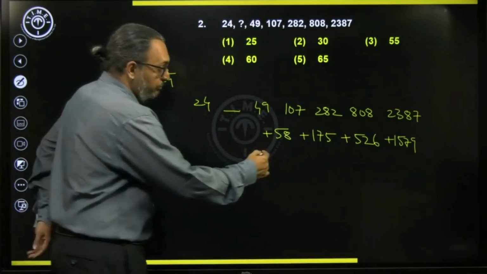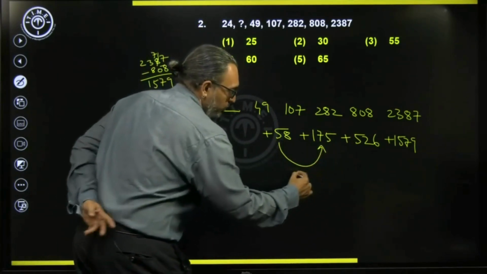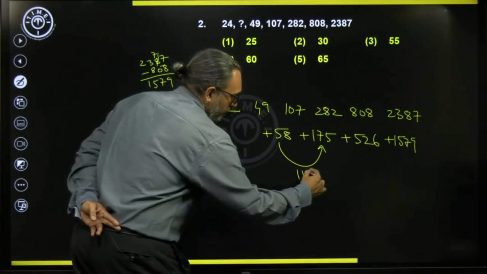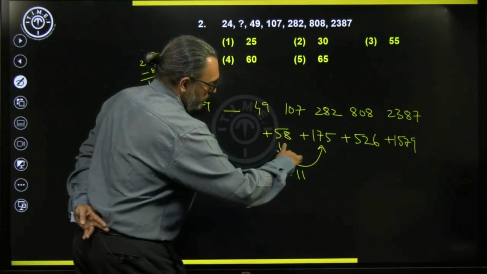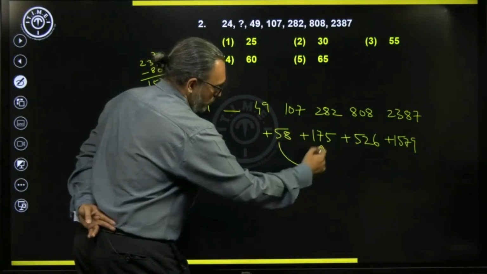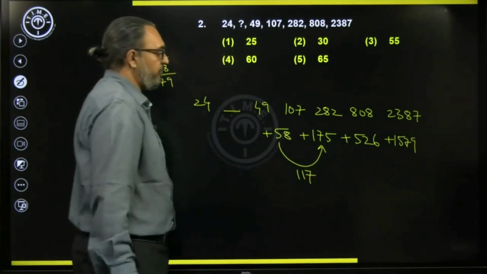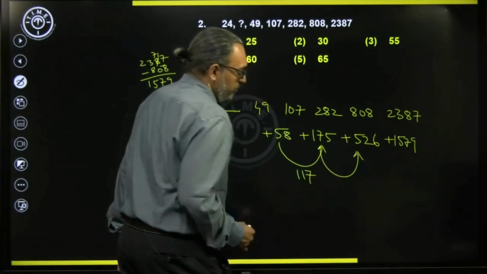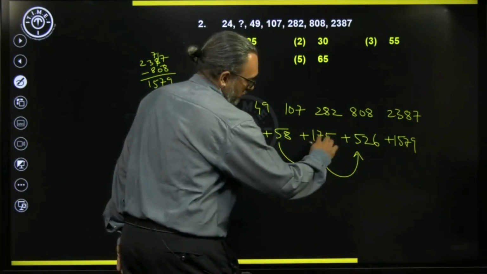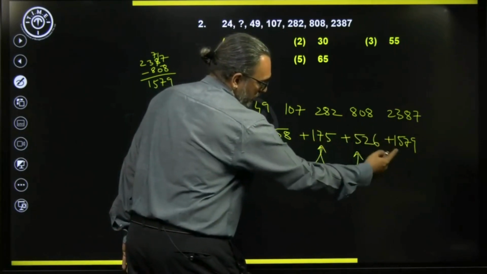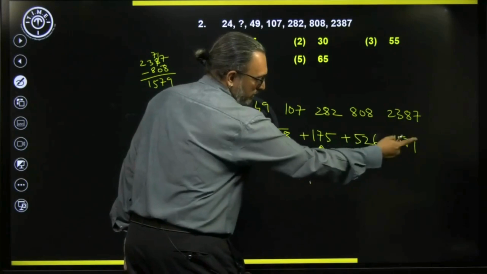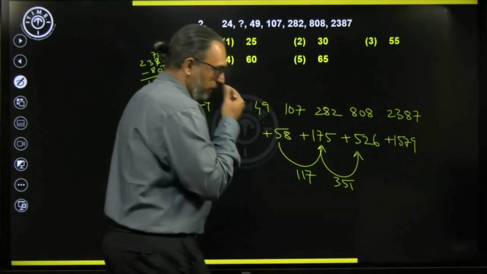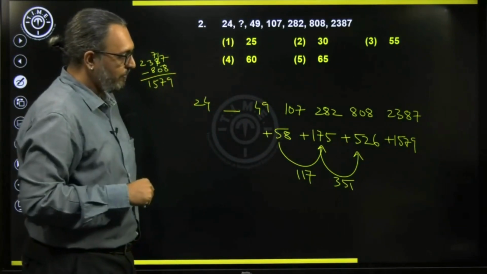Now here again if I take one more difference from here to here, you can see that there is an increase. After 58 if I add 59, you get 117. Then here by increasing you will get 234, so 351.